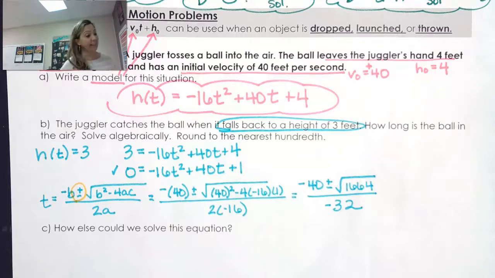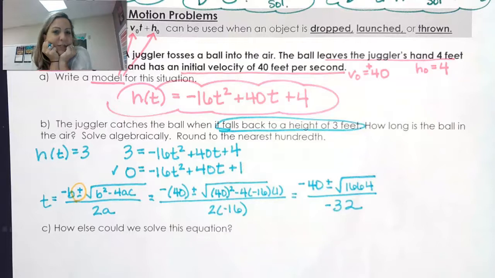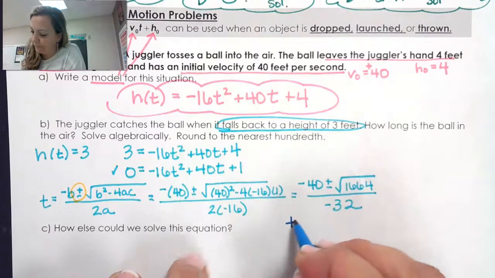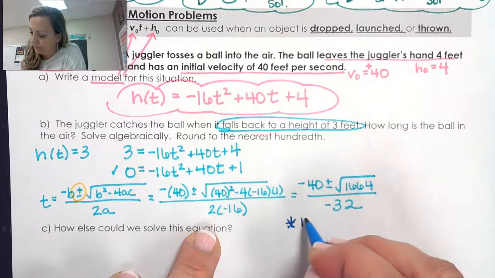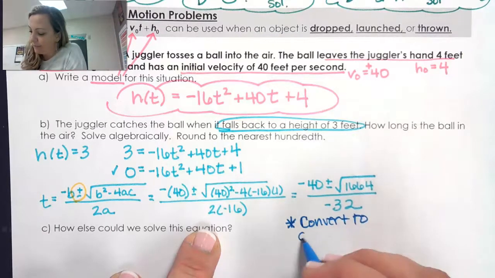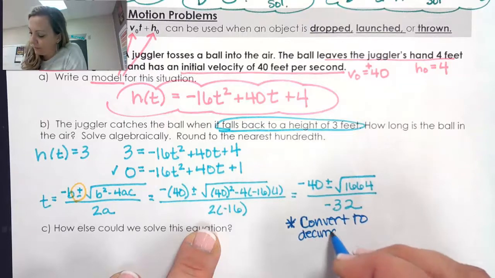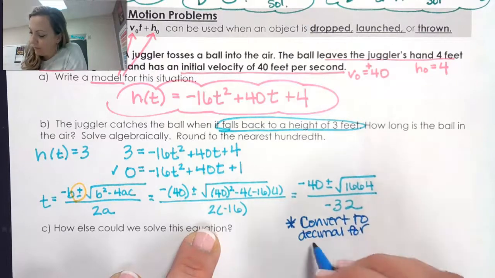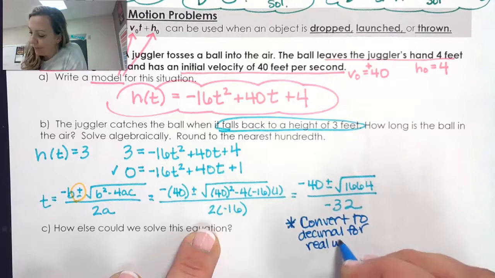Now, I think I've got maybe some good news for you. I know in the other problems that we did, when we're actually solving algebraically and we want an exact answer, we would need to simplify the radical, etc. But because this is a real world problem, we want to convert this to a decimal because it's a real world problem.